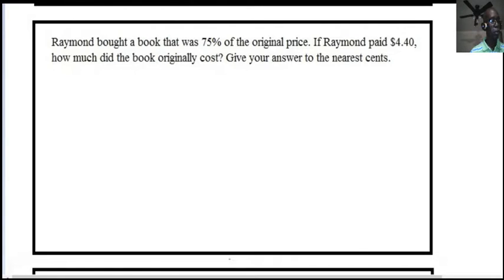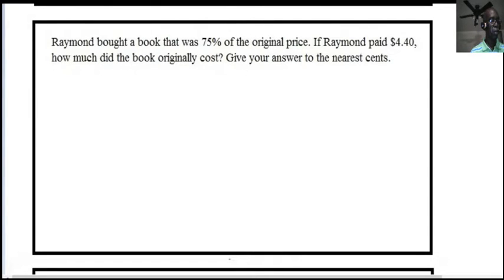We have to read this problem carefully, because we cannot go ahead and find 75% of $4.40. This would be incorrect. The $4.40 represents 75% of the original price. Therefore, we can set up an equation to find the original price. The original price is something we do not know.